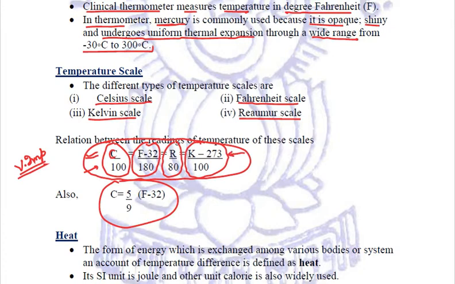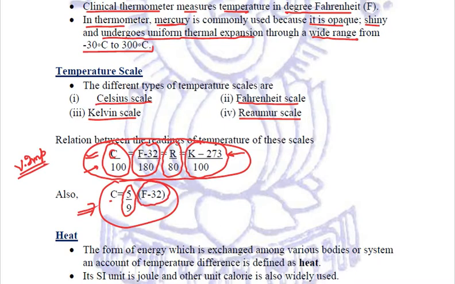Most commonly, we need the Celsius-Fahrenheit relation and the Celsius-Kelvin relation. The first relation between Celsius and Fahrenheit can be concluded as: the temperature on Celsius scale is equal to 5/9 of (F - 32).